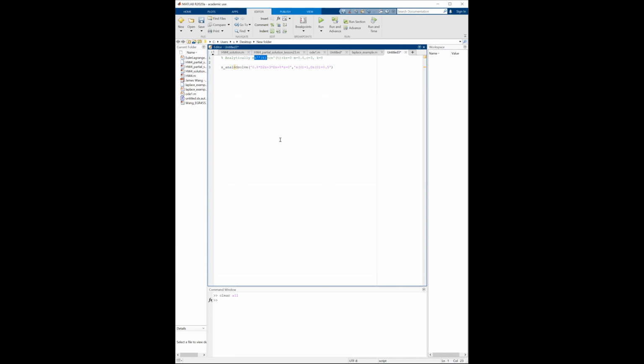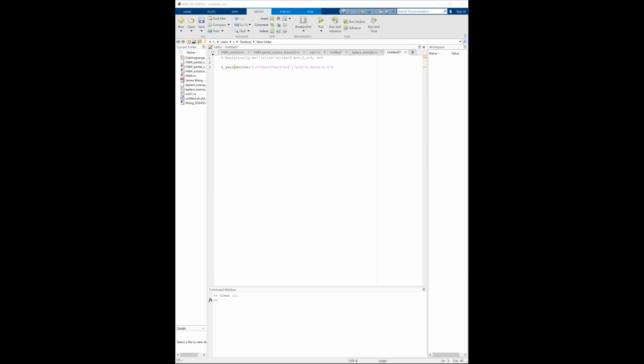When we integrate 2 times, we need 2 initial conditions. So the first initial condition is on the displacement: x of 0, which is the initial displacement, is 1. dx, which is nothing but the initial velocity, is 0.5.